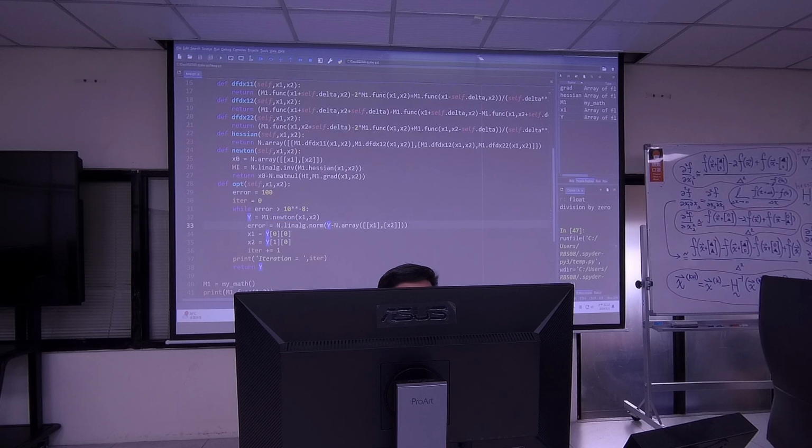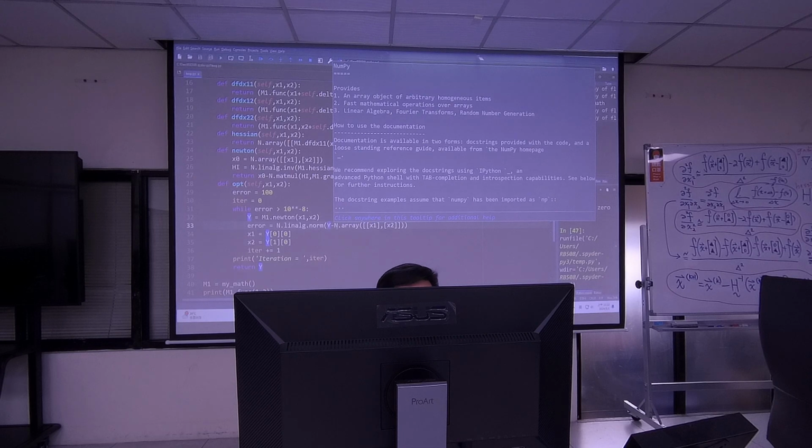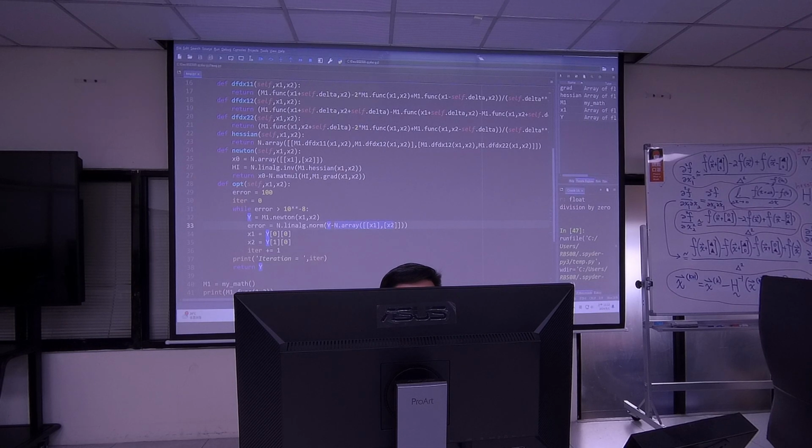So when I compute the error, this NumPy array has to be subtracted by the other NumPy array, which is the earlier design. So I'm pretty sure the output of Newton is a NumPy array. When I do the subtraction, I need to make sure I'm also subtracting another NumPy array, the current point.